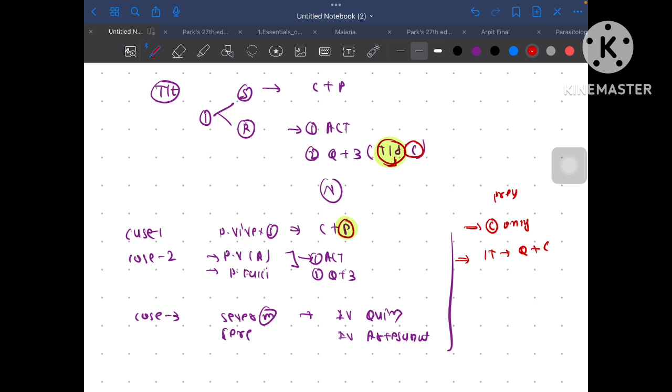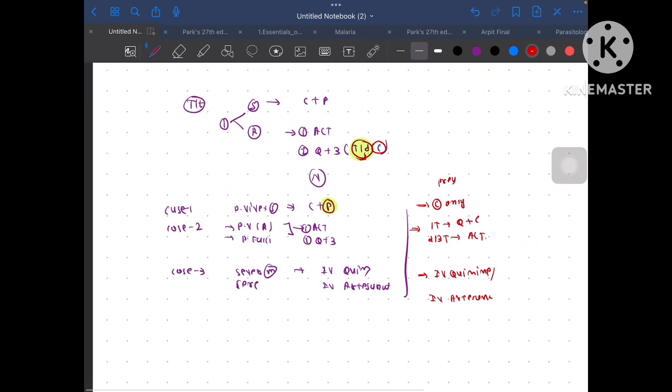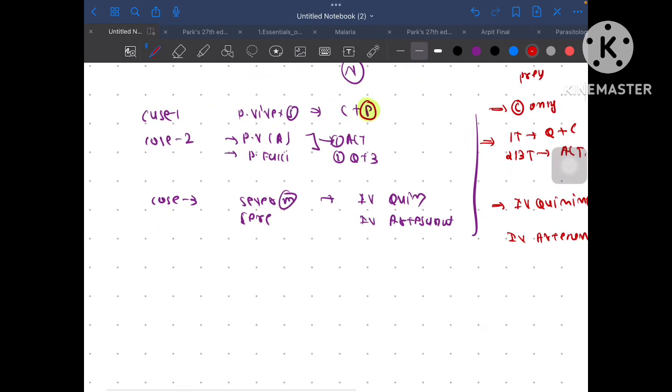In the second and third trimesters we can use artemisinin combination therapy. If it is severe, then we prefer IV quinine in pregnancy. IV artesunate can be given, but mainly IV quinine is preferred. So this is the basic that you have to remember.